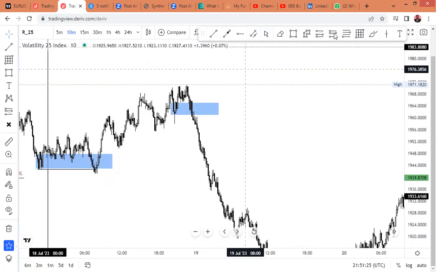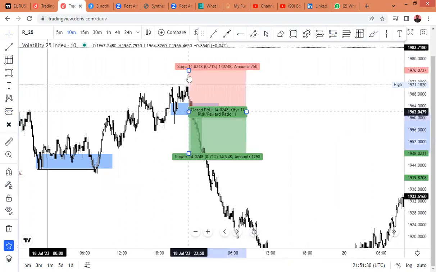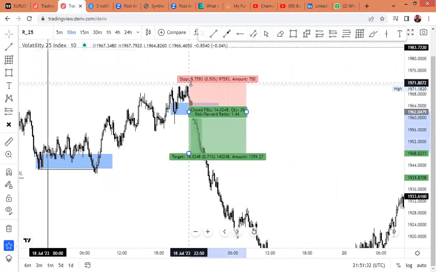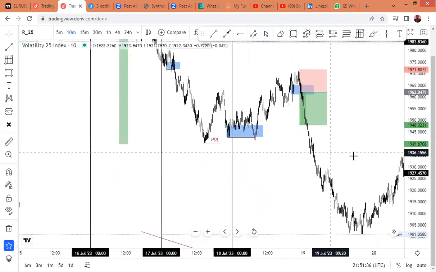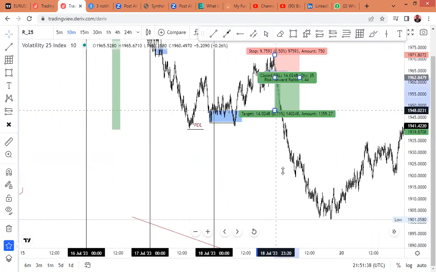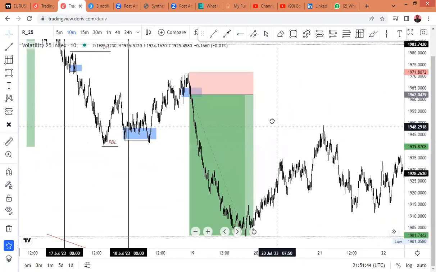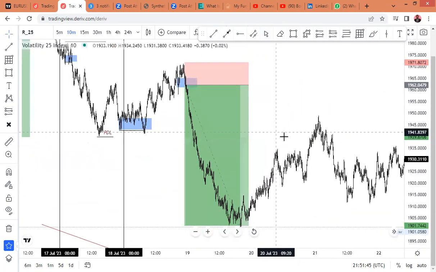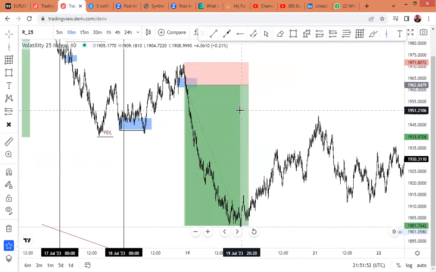Most of these moves will happen at midnight or in the early hours of the morning. So you just have to pay the price to get the move. Look at it. All of this move would have been a 1 to 6. This is 18, let me look at where 18 stops.